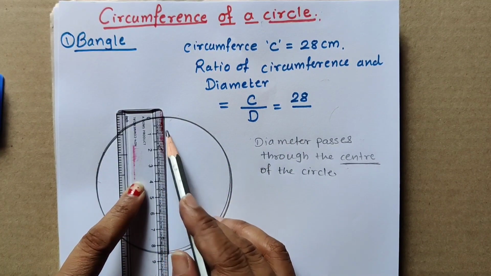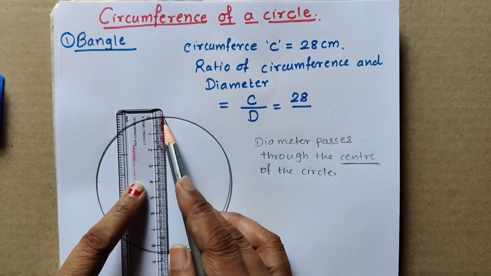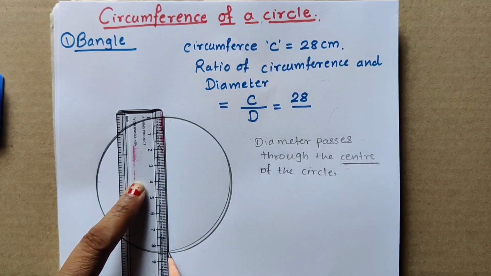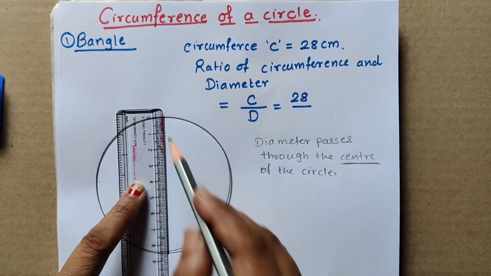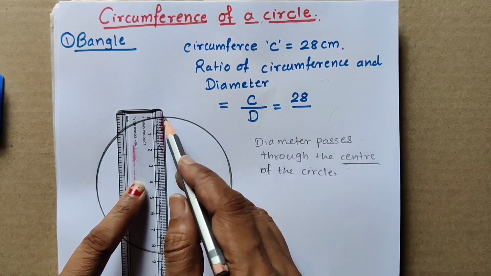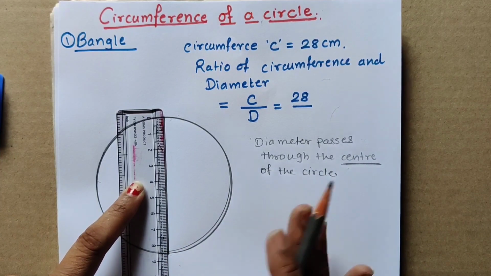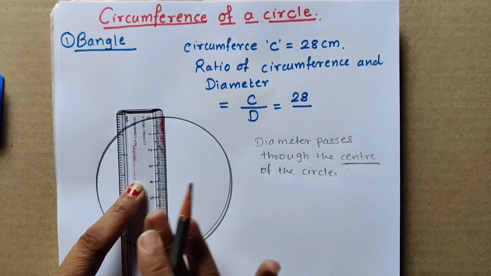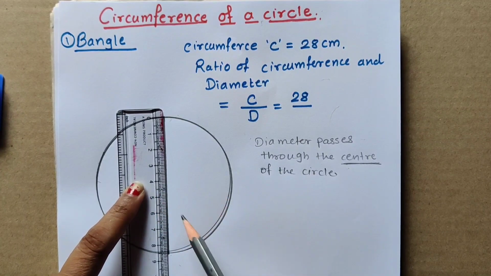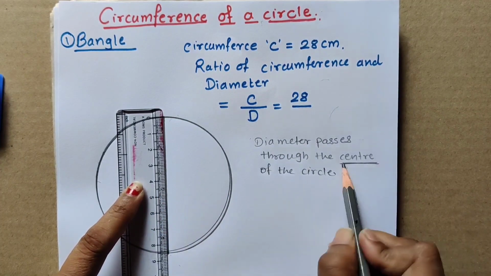As you all can see, I have drawn one vertical line which is an 8.5 centimeter vertical segment. So this we can consider as a diameter, approximate diameter. Again I am telling you, it is not precise, it is not exact. For diameter we require the center of the circle.